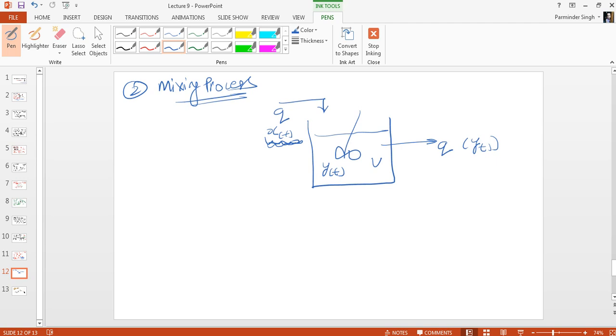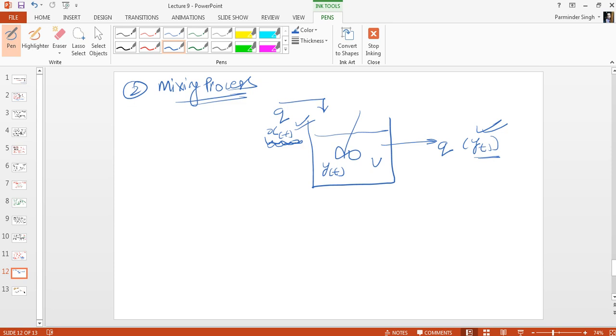So if X changes, obviously the concentration of the salt at the outlet will also be affected by it. So let's find out how the salt concentration at the outlet varies with the salt concentration at the inlet.